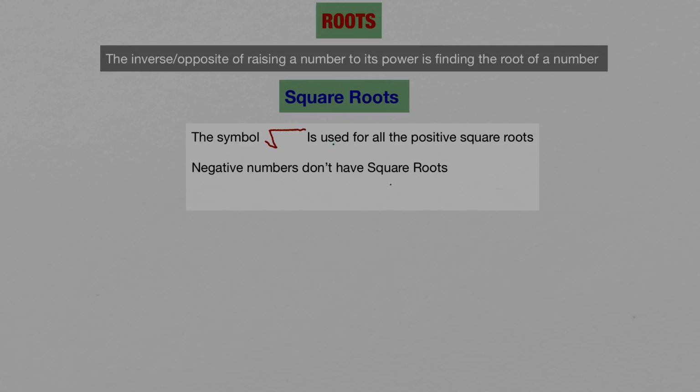So let me explain by showing you some examples for square roots. Let's say 4 squared is 4 times 4, which gives you 16. This is the square of a number, not the square root.